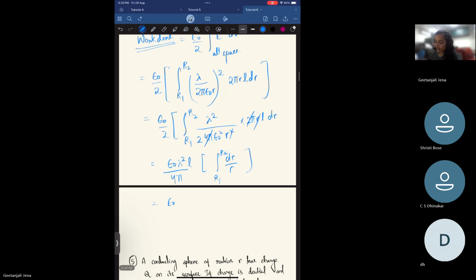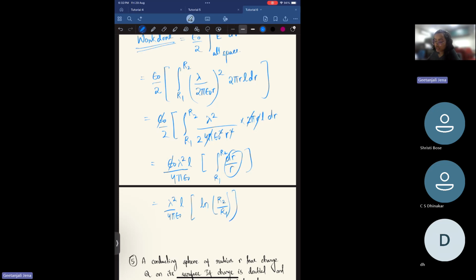I think epsilon will also cancel, right? One epsilon will cancel. So you have lambda square over 4 pi epsilon naught, L ln R, so ln R2 by R1.